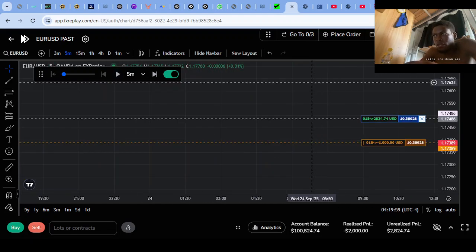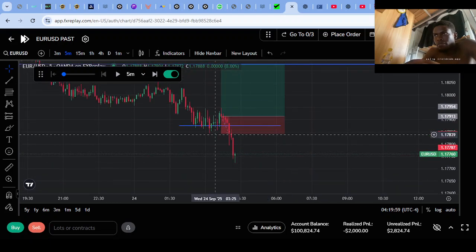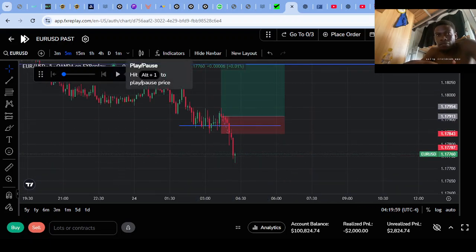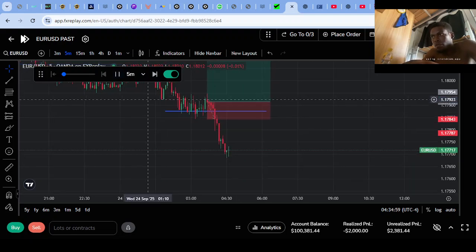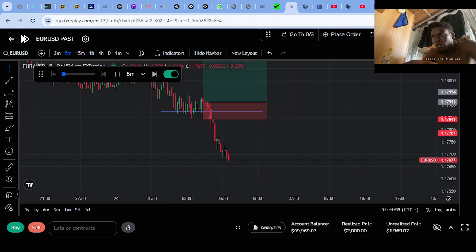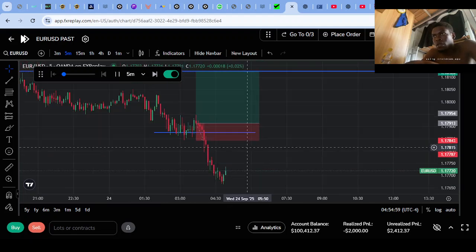So I just got out of my two trades. I got stopped out on two trades, so I'm down 2% for the week. And we have another trade with 2R in unrealized profit. So let's see how it goes, to be honest.